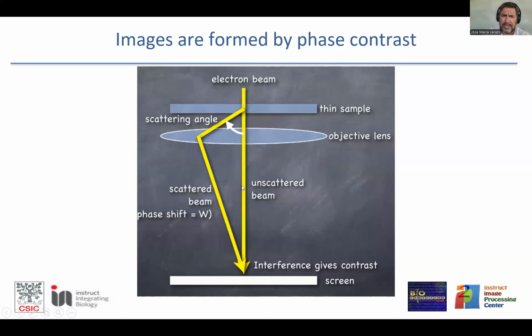And so you see that there is a difference of optical path of electron path. And then there is a difference in phase in the electron that goes through these two paths. And this is the phase contrast that we are getting. It is rather low contrast. Really it is difficult to see the specimen, and the images are extremely noisy.